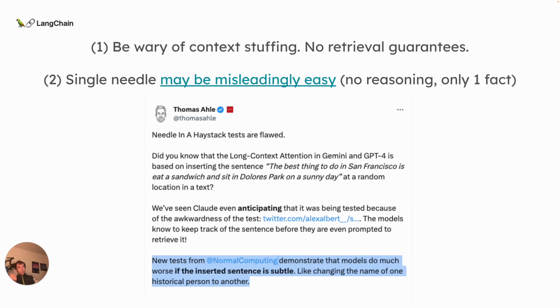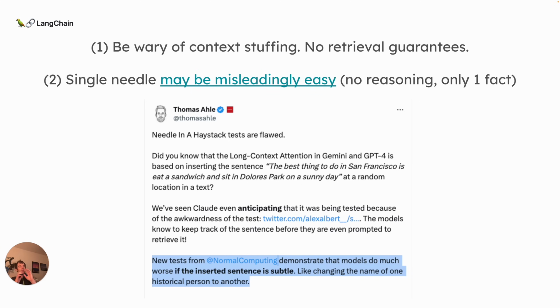And also, there are some recent results that came out just today, suggesting that single needle may be misleadingly easy. There's no reasoning. It's retrieving a single needle. And also, these guys, I showed this tweet here, show that in a lot of these needle in the haystack challenges, including mine, the facts that we look for are very different than the background haystack of Paul Graham essays.